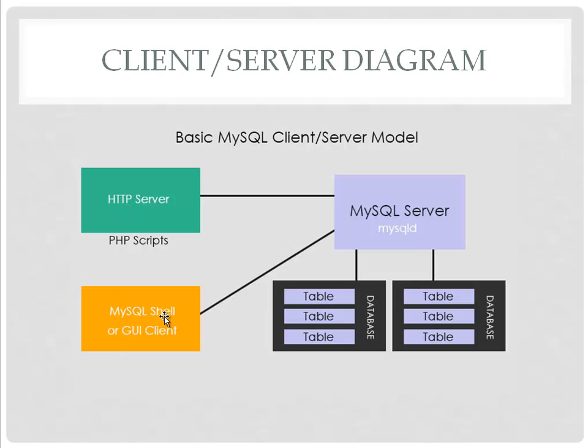Basically whatever we use to run queries or to interact with the server. And then up here we have our HTTP server, which has our PHP scripts, not exclusively PHP, but different scripts such as Joomla, WordPress, and that directly connects to our MySQL server. Alright, so that's a very simple diagram.